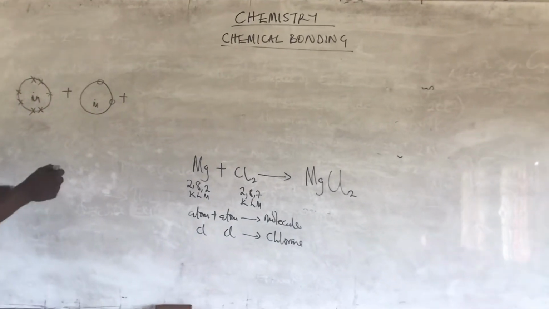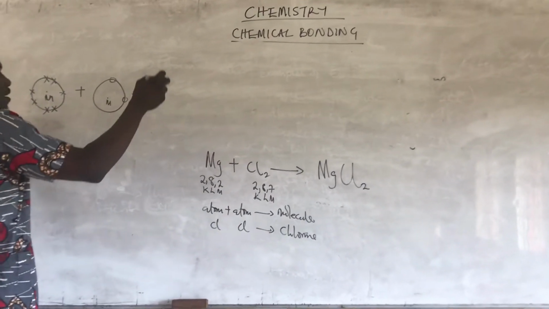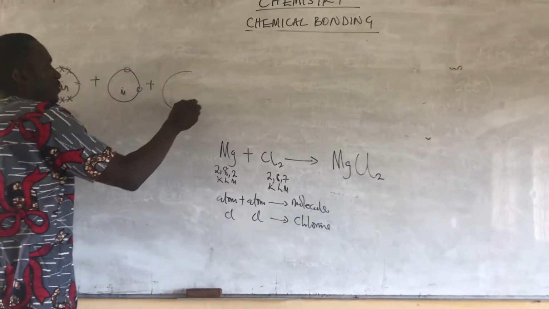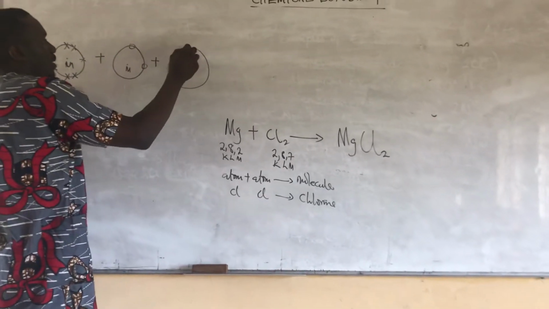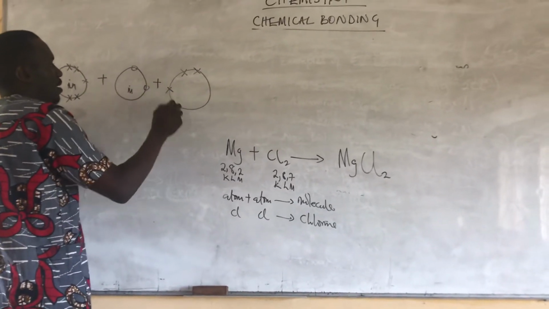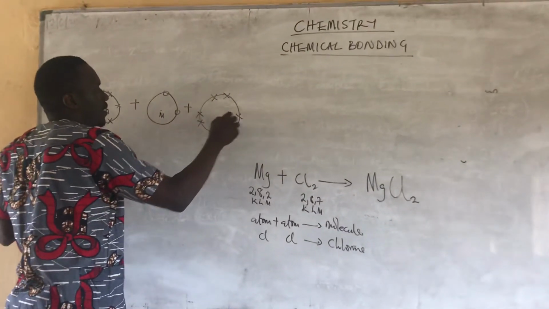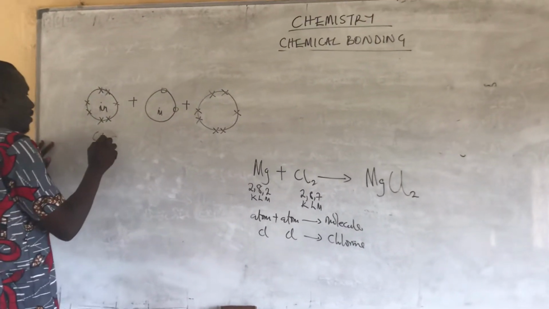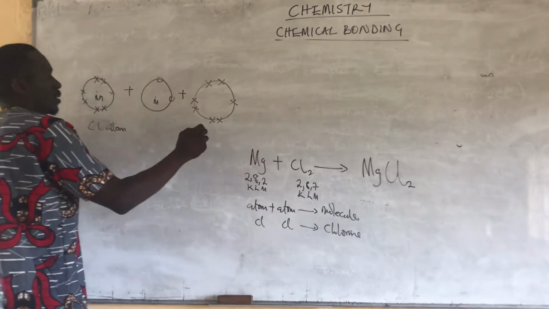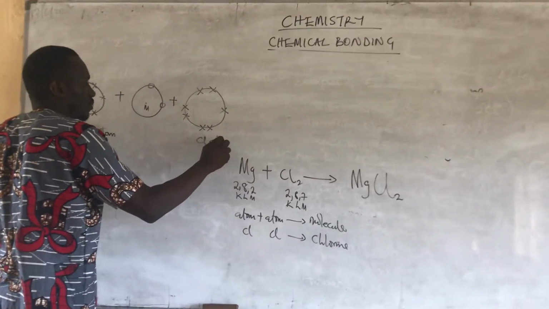Plus another chlorine atom: 1, 2, 3, 4, 5, 6, and 7. So this is a chlorine atom. This is another chlorine atom.